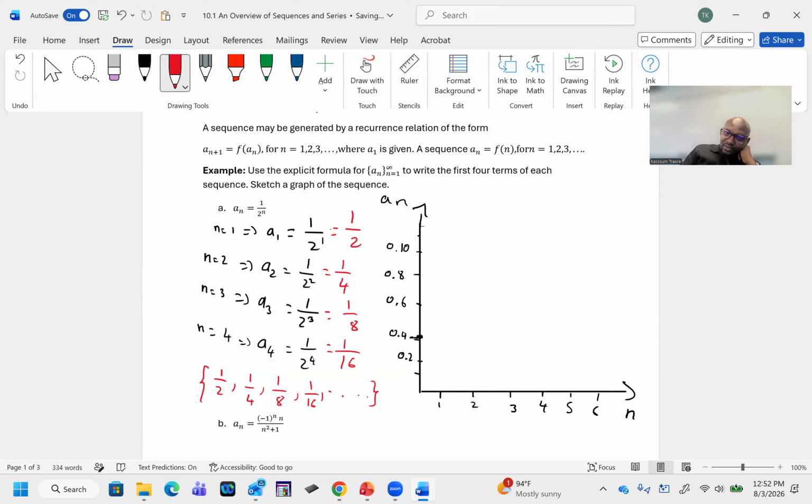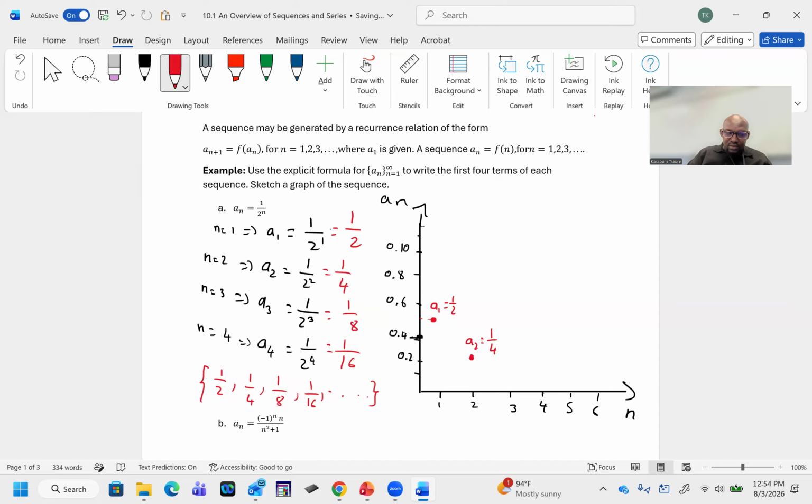So our A sub 1 is 1/2, which is 0.5. So this is A sub 1, which is 1/2. When n is 2, that is 1/4, so that's 0.25. That will be somewhere right here. A2, which is 1 divided by 4.